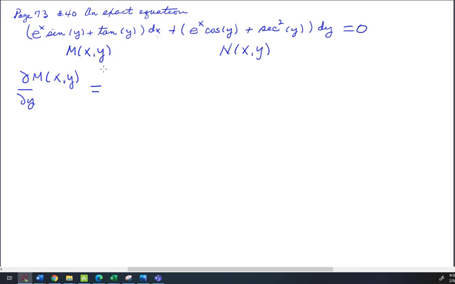So here's M, and if I take the derivative with respect to y, then this is just the coefficient, so that's just an e to the x coefficient, and the derivative of sine y with respect to y would be cosine y, and I'm taking the derivative with respect to y, so the derivative of tan x would be secant squared x. So there's the derivative of M with respect to y.